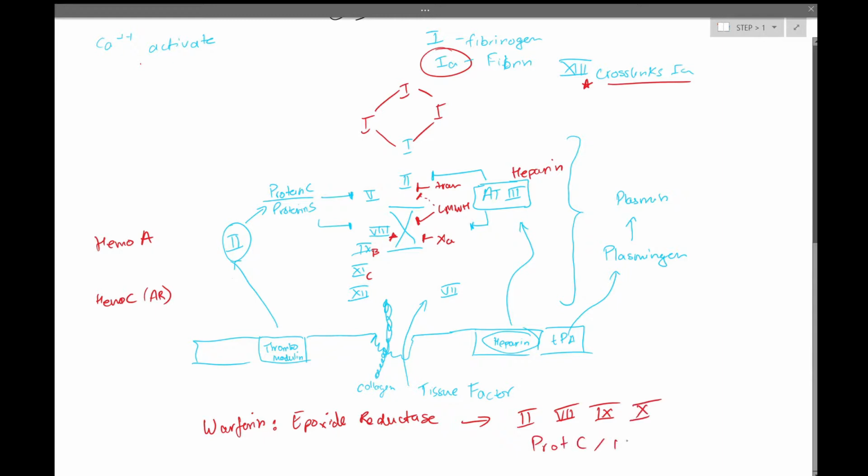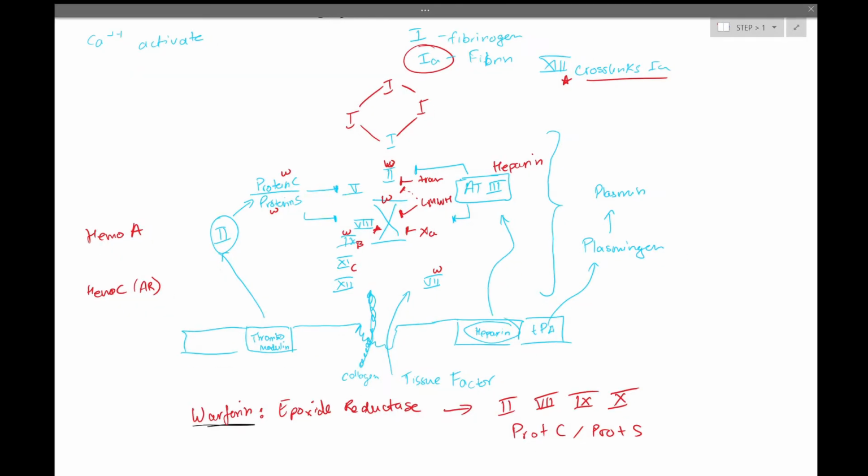And also, very importantly, protein C and protein S. So for all of these things that are inhibited by warfarin, let's just go ahead and put little W's on all of them. So there's a W over 2, W over protein C, W over protein S. There's W over factor 7, W over factor 9, and also a little W over factor 10.